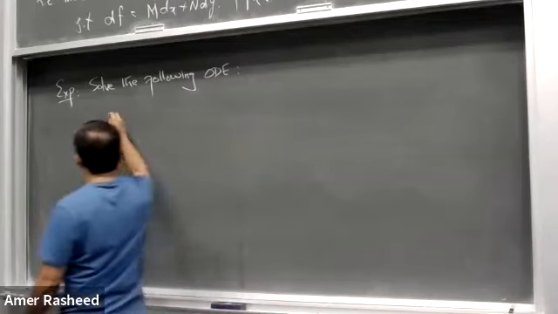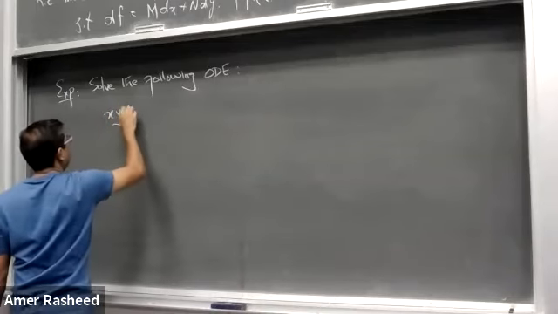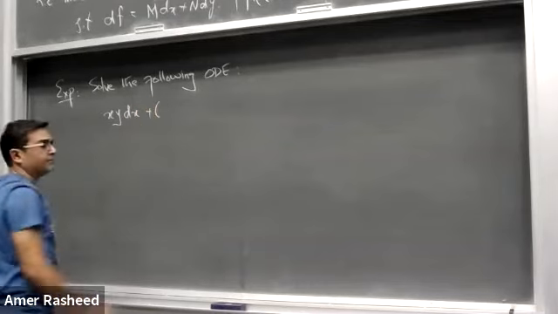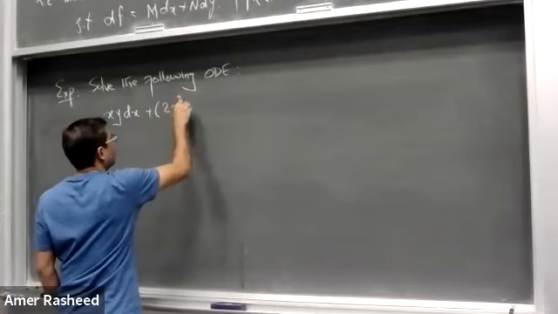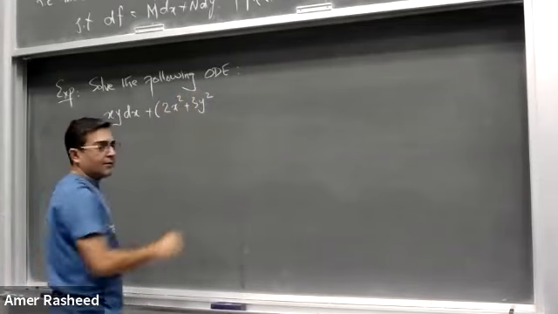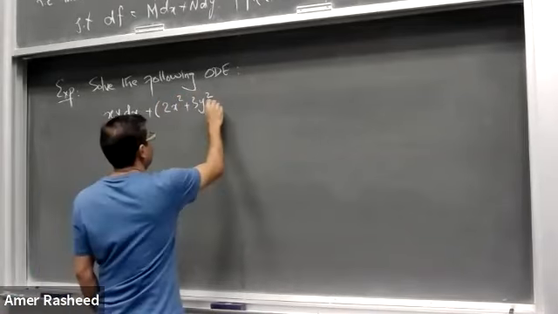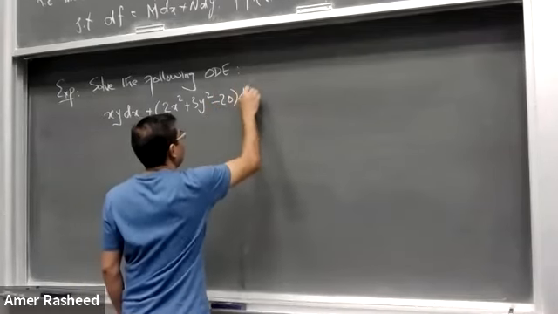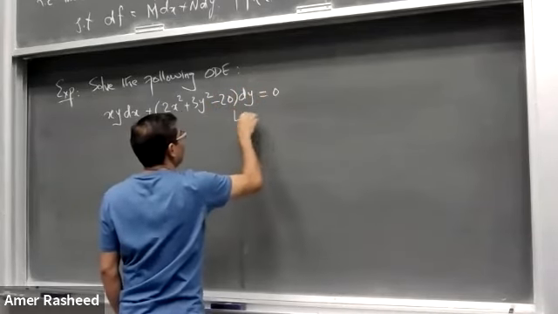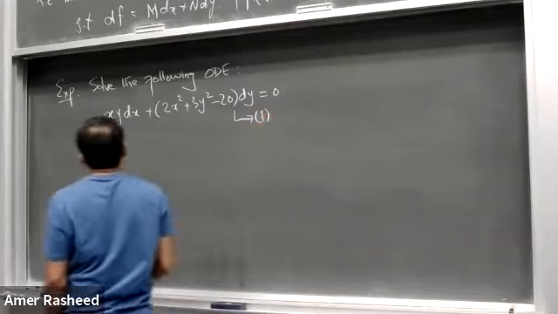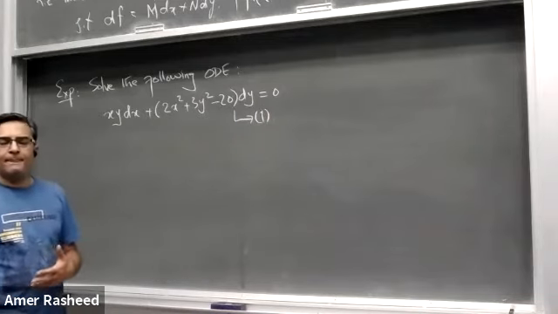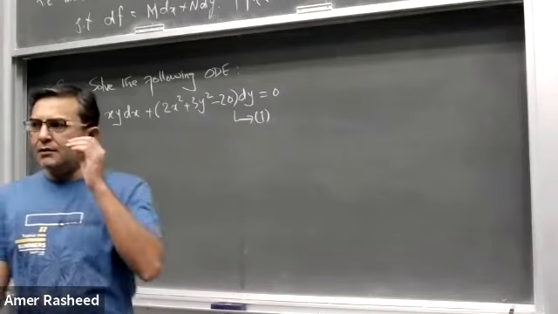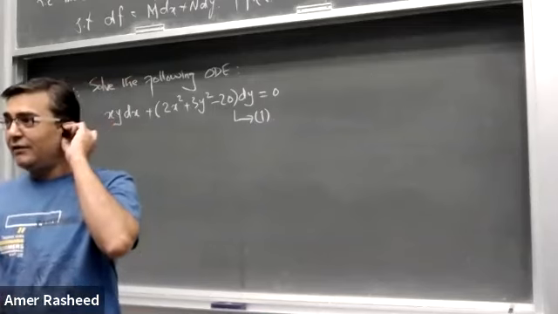It's xy dx plus (2x squared plus 3y squared minus 20) dy equal to 0. So this is your original equation, and we have to solve it. Now, we can solve it by some other technique if it is possible.